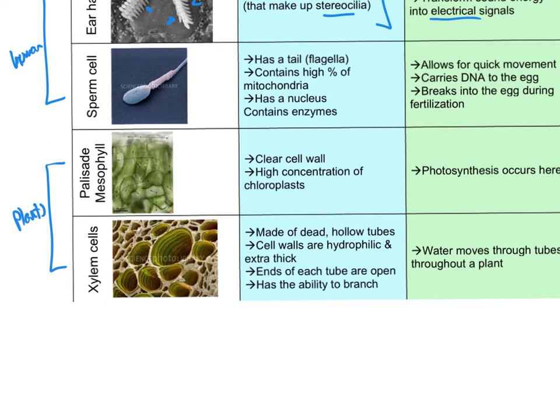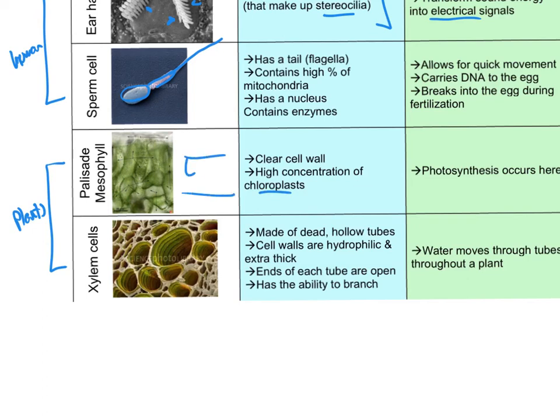The sperm cell, again, is a pretty straightforward one. You have a head and a long tail, and it's built to swim. It allows for quick movement so that it can get to the egg. The palisade mesophyll has high concentrations of chloroplasts and a clear cell wall.